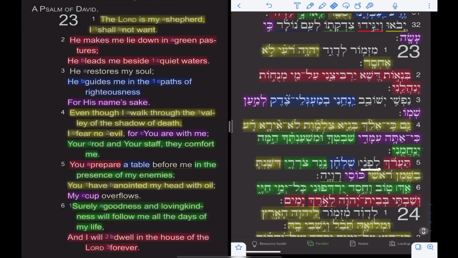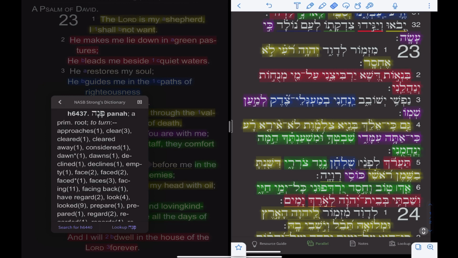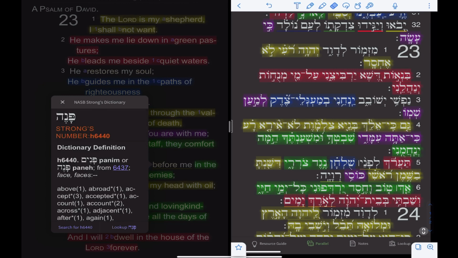Lefenai. Lefenai is before me. It comes from panim or panna, which is really face. So really what this is saying is you will prepare before my face, right? Or in my presence.